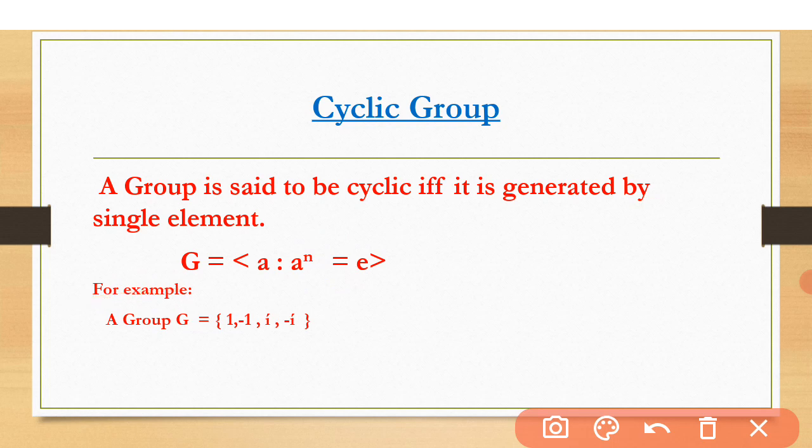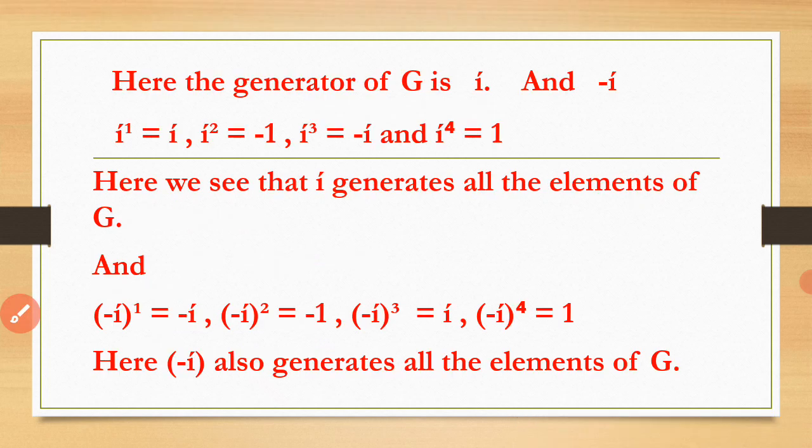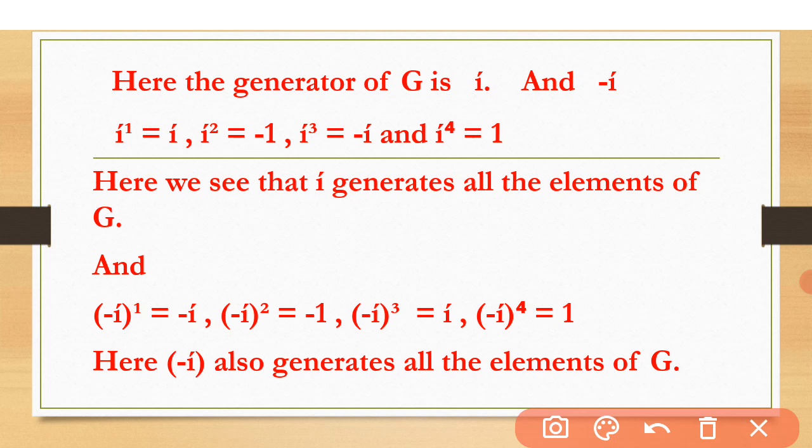For example, a group G is equal to {1, minus 1, iota, minus iota}. Here the generator of G is iota and minus iota as well. As we know, iota raised to power 1 is equal to iota. Iota raised to power 2 is equal to minus 1.